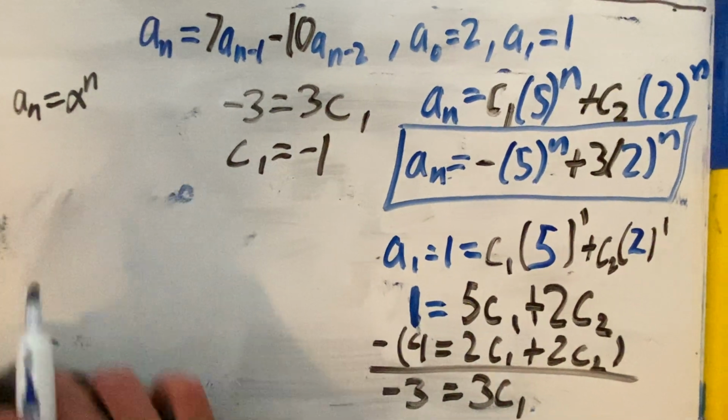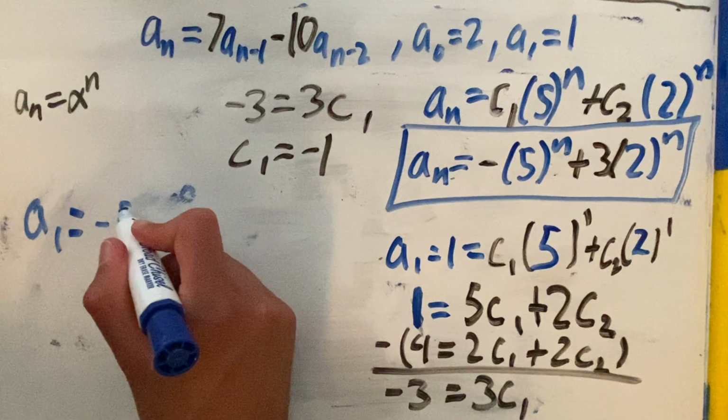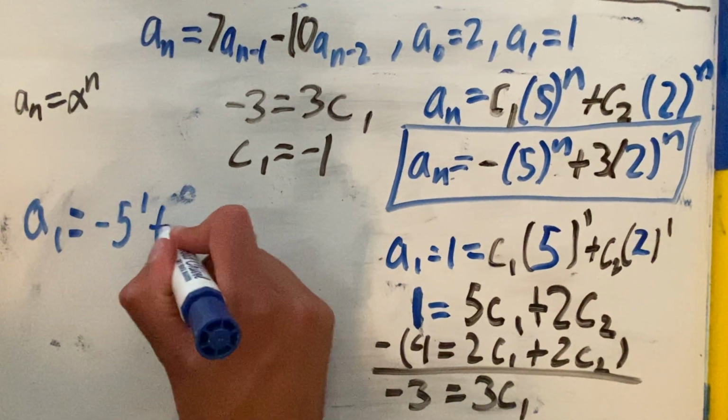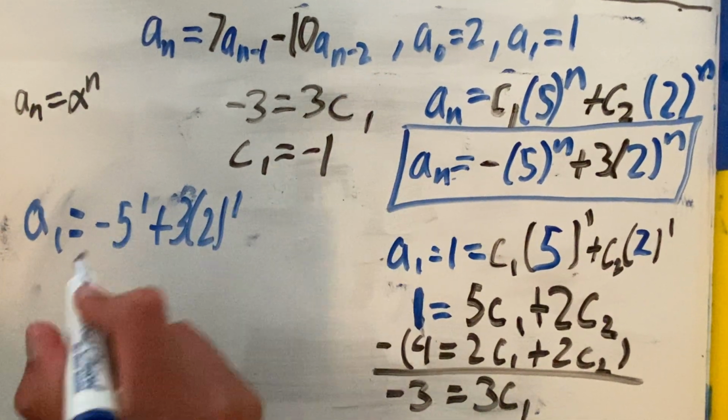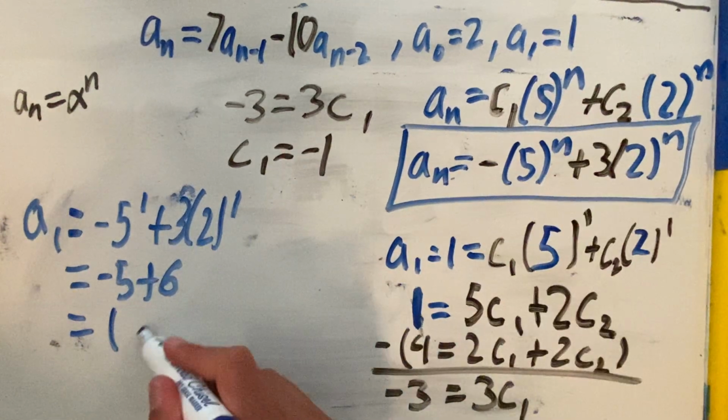Then a sub 1 equals minus 5 to the 1 plus 3 times 2 to the 1, which is minus 5 plus 6, which is 1, which is also correct.